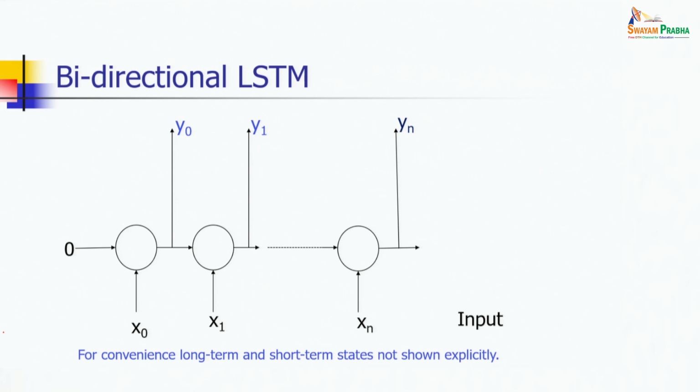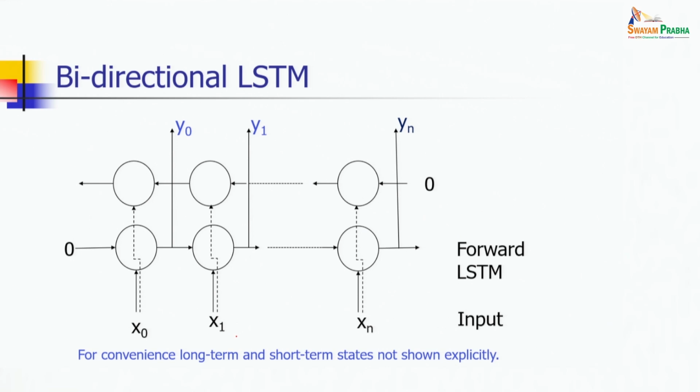But there is another interesting thing about LSTMs. We just considered unidirectional LSTM while discussing, but we may have a bidirectional LSTM, which means that this is the forward direction of a sequence, but we can also capture the respective dynamics from the other direction. So these are the backward direction LSTM, and each one gives its own output.